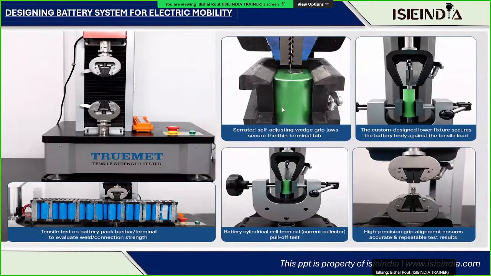Physically or manually checking them is almost impossible with high accuracy. That is the reason I told you that in EV battery manufacturing, thousands of weld points exist inside a single battery pack. Therefore, the CCD system acts as the eyes of the automated production line.